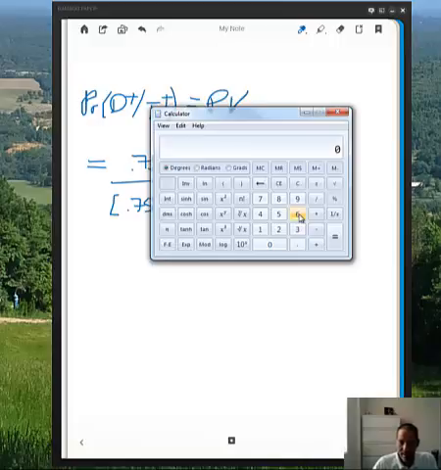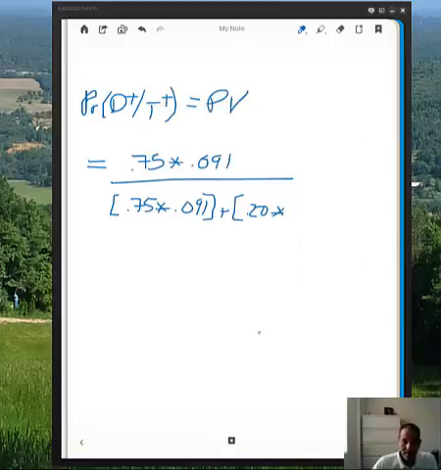So having the disease and not having the disease are mutually exclusive events. So if one has the disease, not having the disease would be 1 minus the probability of having the disease. So it's 1 minus 0.091, which would equal 0.909. So this would be 0.909.